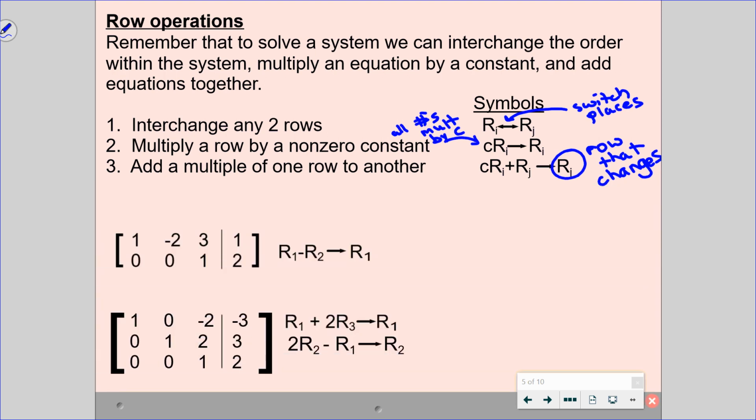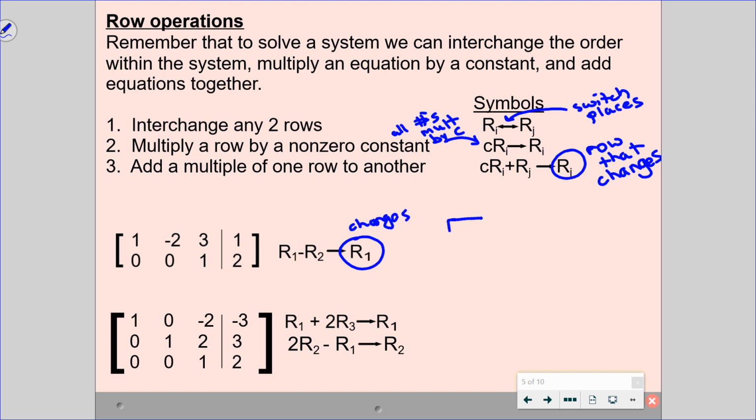If we look at this very first piece of information, it has an augmented matrix, and you can tell it's an augmented matrix because there is a line going down before the very last column. We notice right away that after the arrow, since it's only going one way, pointing to the right, row 1 is the only row that changes.